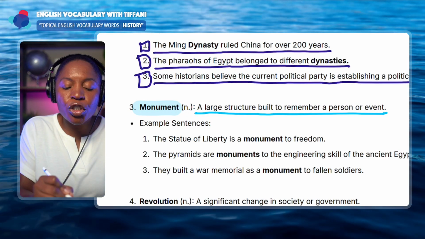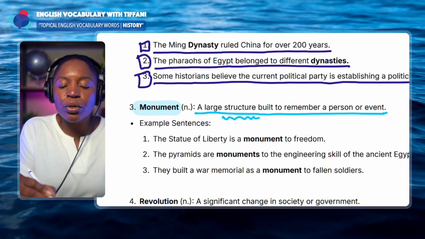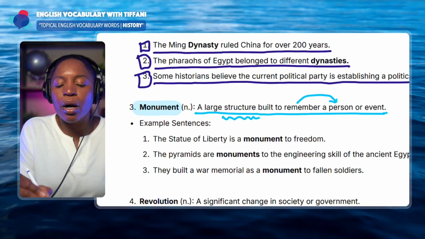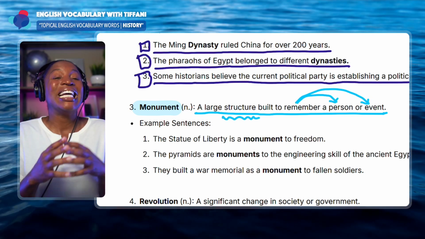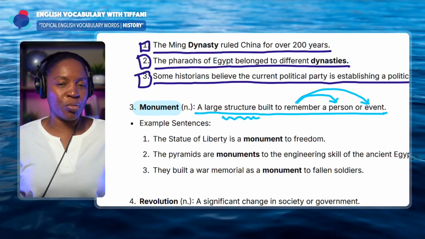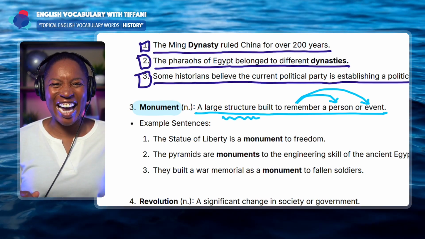And in D.C., they have created a monument, built a monument to Dr. Martin Luther King Jr. Again, a large structure built to remember a person or an event. There's a monument dedicated to Dr. Martin Luther King Jr. You got it?